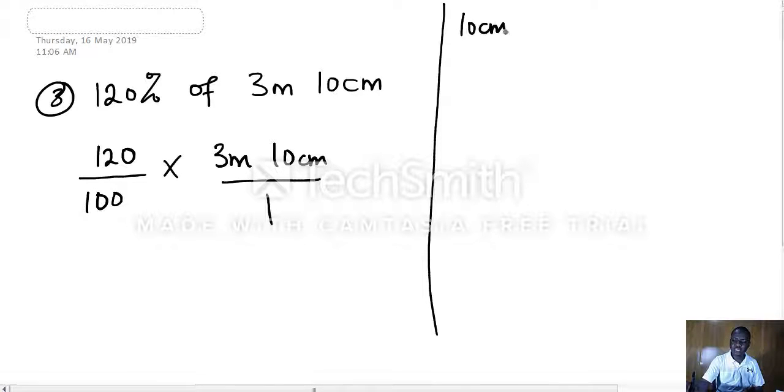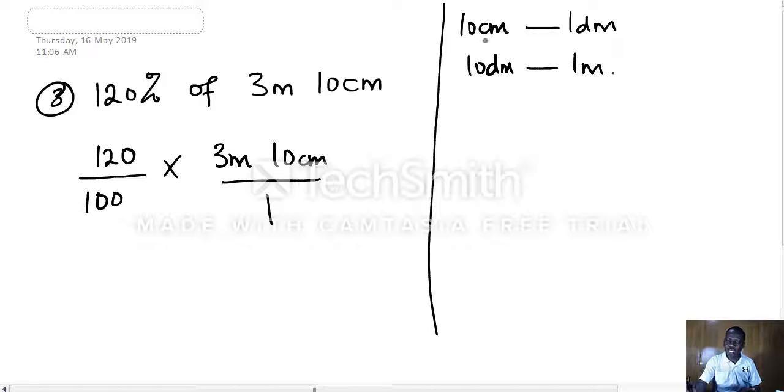For 10 centimeters we are told is equivalent to 1 decimeter, and 10 decimeters is equivalent to 1 meter. So how many centimeters will make 1 meter? Multiply 10 times 10. So we have it that 100 centimeters is equivalent to 1 meter.